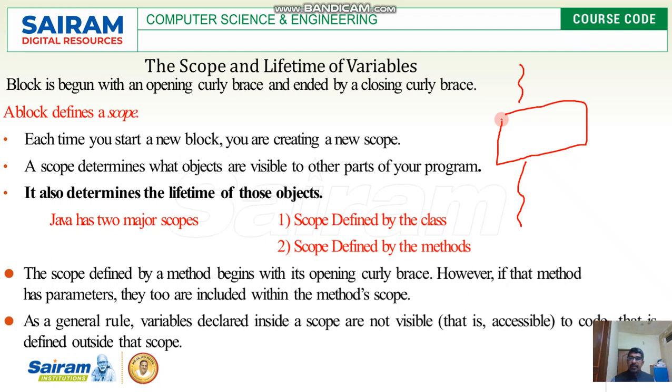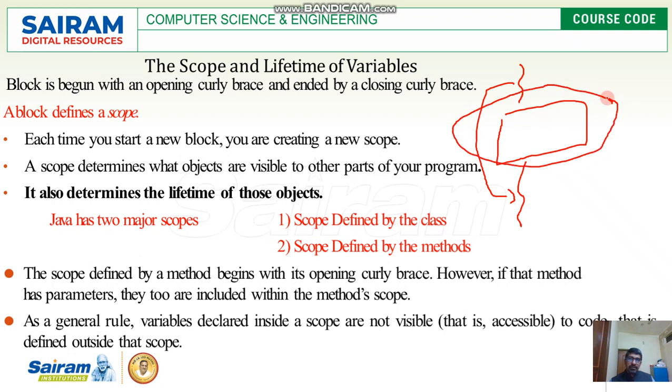The scope defined by a method begins with its opening curly brace. So please do remember, it begins with the opening curly brace. However, if that method has parameters, they too are included within the method scope. So you have to remember it.